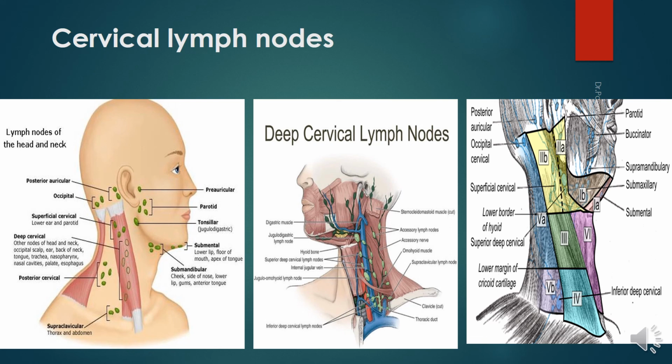In the fifth level, the lymph nodes are of the posterior triangle, that is inferior spinal accessory and transverse cervical. Then sixth is pretracheal and paratracheal lymph nodes, and seventh level is of the mediastinum, mainly infraclavicular and anterior mediastinal. So the level of lymph nodes is important in case of metastasis.